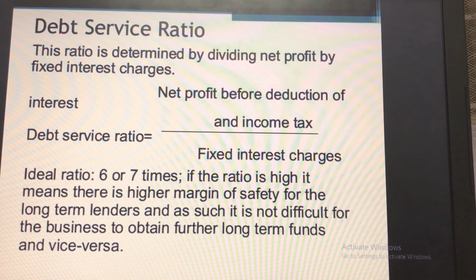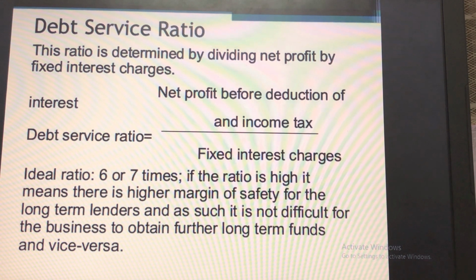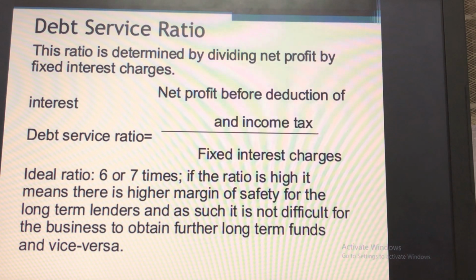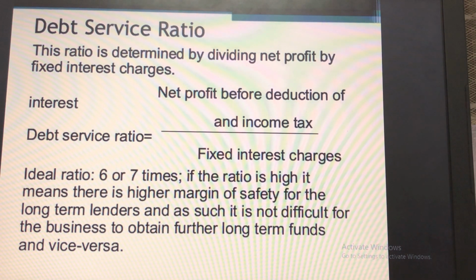Again, the formula, net profit before deduction of interest and income tax divided by fixed interest charges. Debt service ratio is equal to net profit before deduction of interest and income tax whole divided by fixed interest charges. In this ratio, always the ideal ratio is 6 or 7 times.